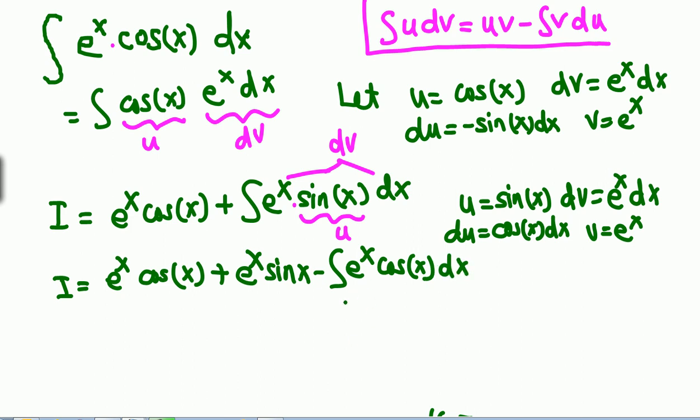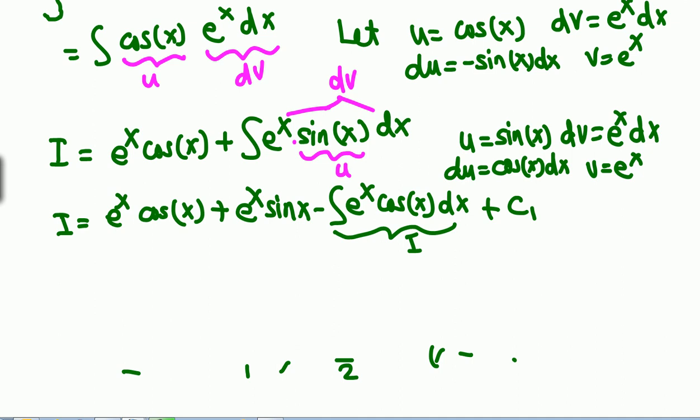Okay, but this is the original question we began with, e^x cosine x, so we can say this is the same integral I'm working with. So I, and we need to move this to the left side, and we always get a constant, let's say c1. Now let me erase the leftover from last time.